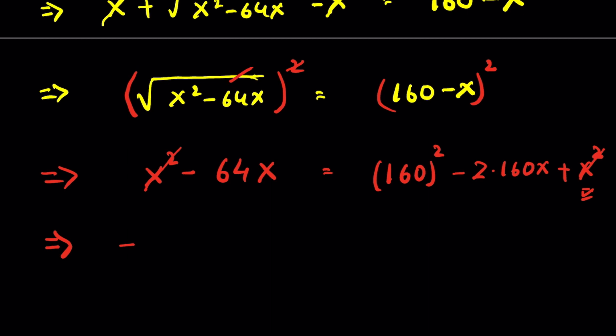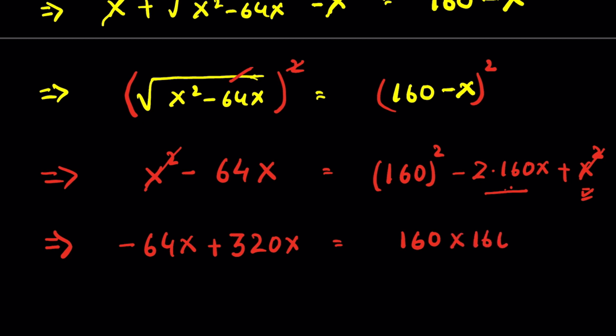Now we have minus 64x. This is 2 times 160x, which will be 320x. This is negative 320x. So if you send it to left hand side, it will be positive 320x is equal to 160 square, or we can write it 160 times 160.